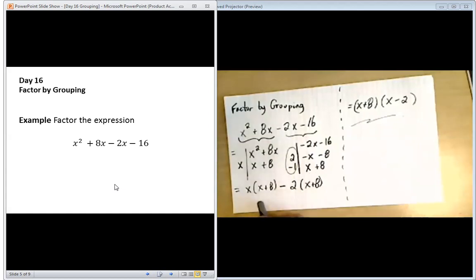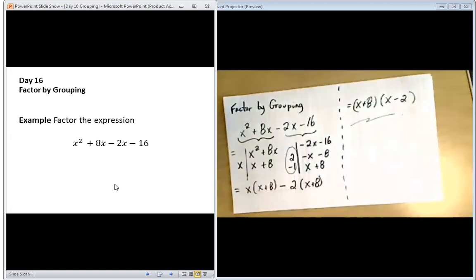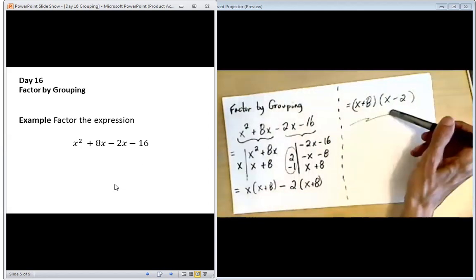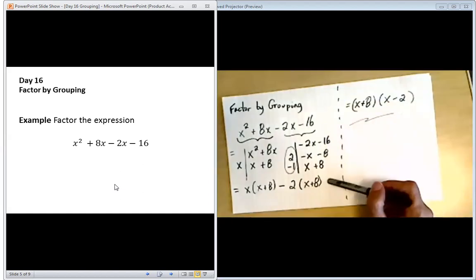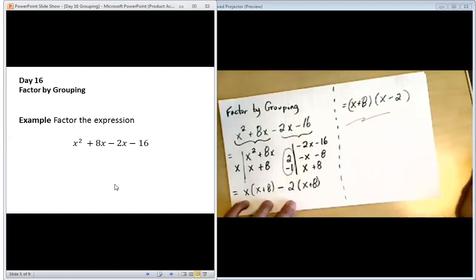So I have a question. How can I get that question as an answer there? Because x times x plus 8 minus 2x plus here. See? It goes back and forth from one another.